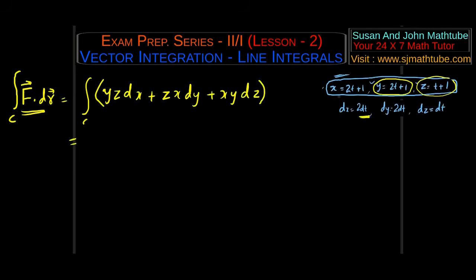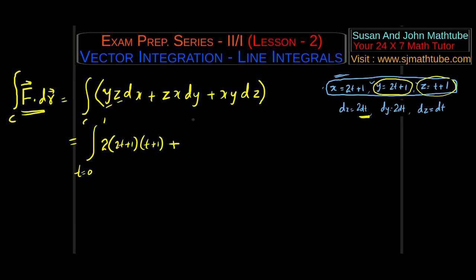So now let's parameterize it. Let's plug in all these values. So y and z. So it's going to be t equal to 0 to 1, and 2t plus 1 and t plus 1 and finally 2 dt. So I'll plug in this 2 over here, plus z into x.